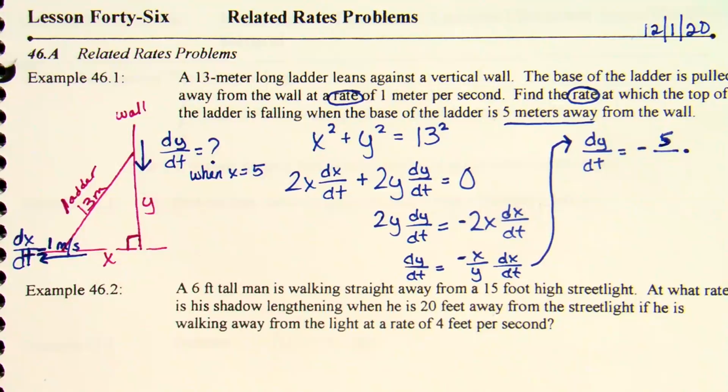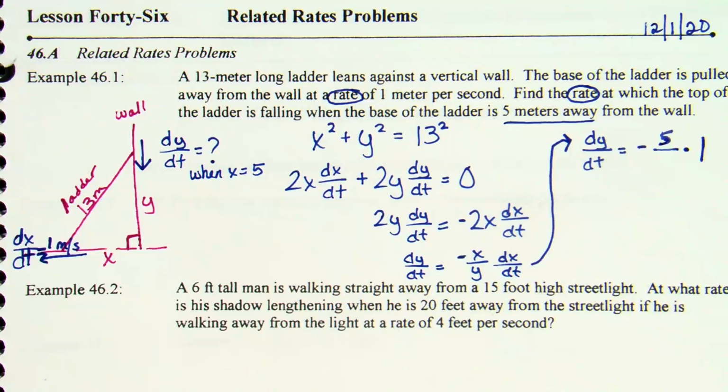Do we know dx/dt? 1 meter per second. Yes, that was the change in the base side. So times 1. I need a value to plug in for y. Where do I get the value to plug in for y? Pythagorean theorem. Because we want to know what y is when x is 5.